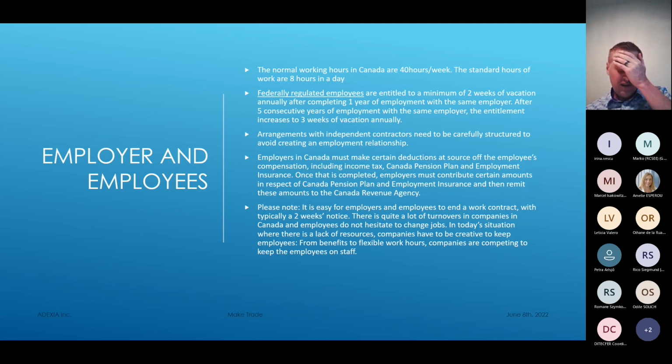So, employers and employees. Typically a normal work week in Canada is 40 hours, 8 hours per day. One of the things that's pretty challenging when you come from a European system, and for myself from the French system, where there is a reputation for having quite a lot of vacation, is that when you start a new job in Canada, you're only entitled to 2 weeks of vacation.